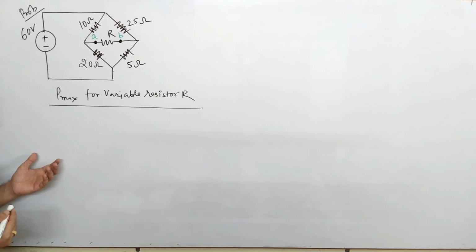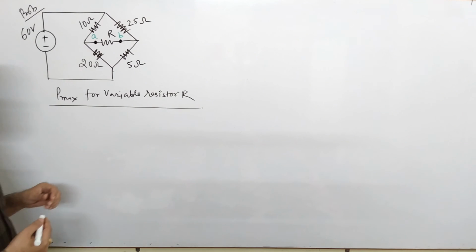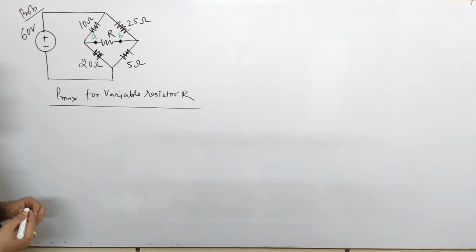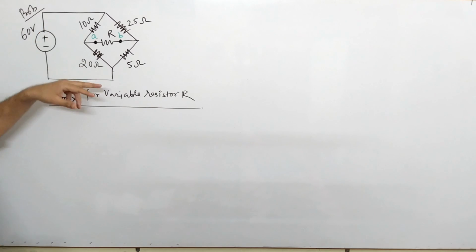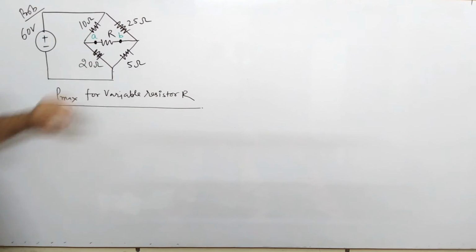However, it looks very complex because again there is a kind of bridge network here. As I explained in my previous video about balanced and unbalanced conditions, first of all you analyze whether the bridge is balanced or not. Just by multiplying the cross resistances, you can see it is 50 and it is 500, so the bridge is not balanced.